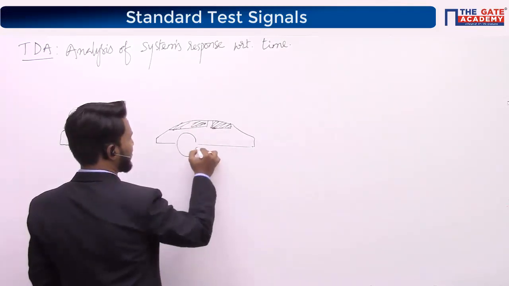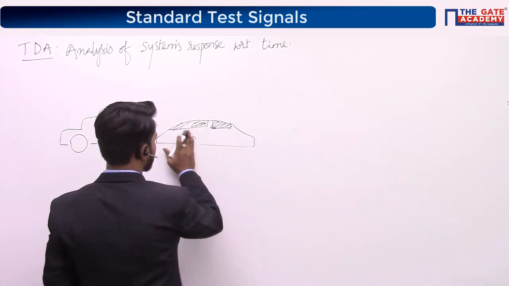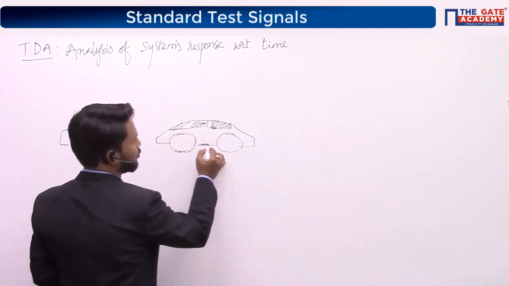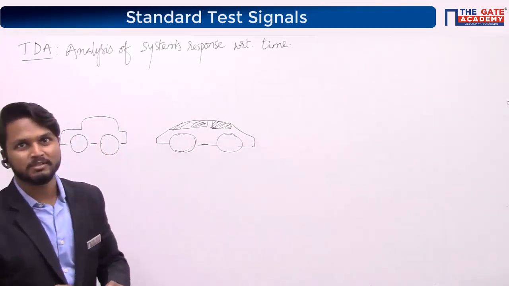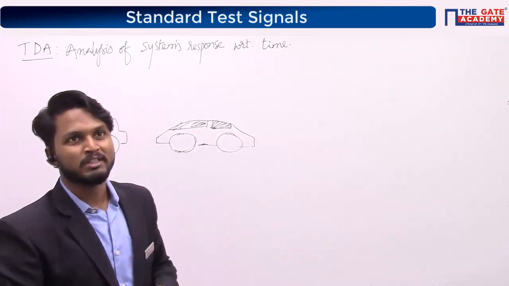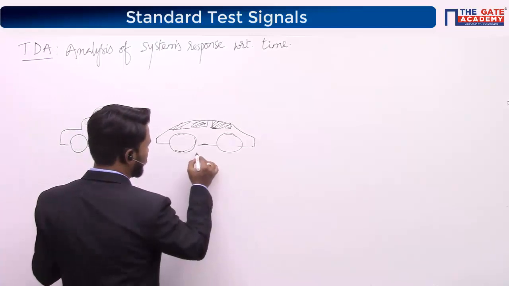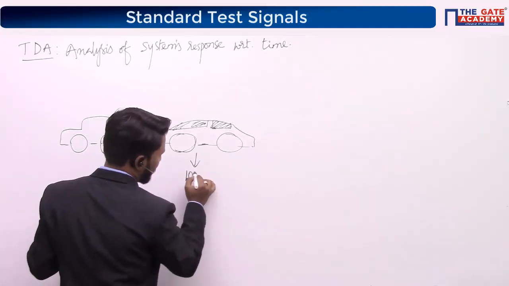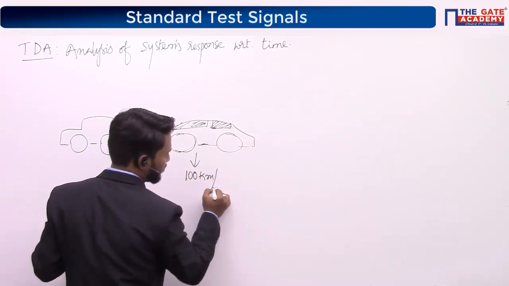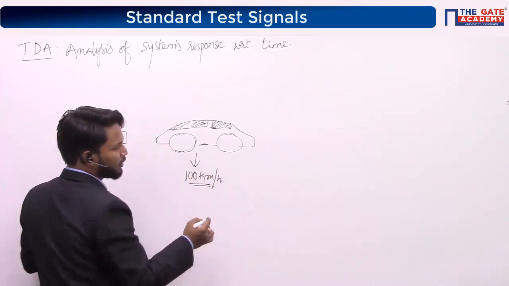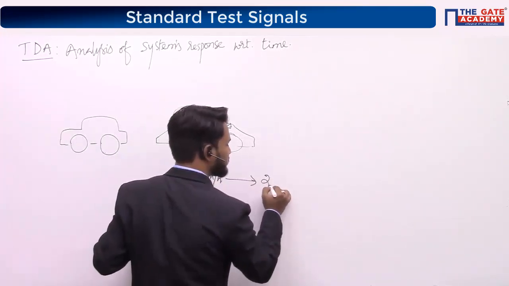Both of these cars have their own specifications. One specification is, let us say, this car reaches 100 kilometers per hour speed within some 20 seconds.